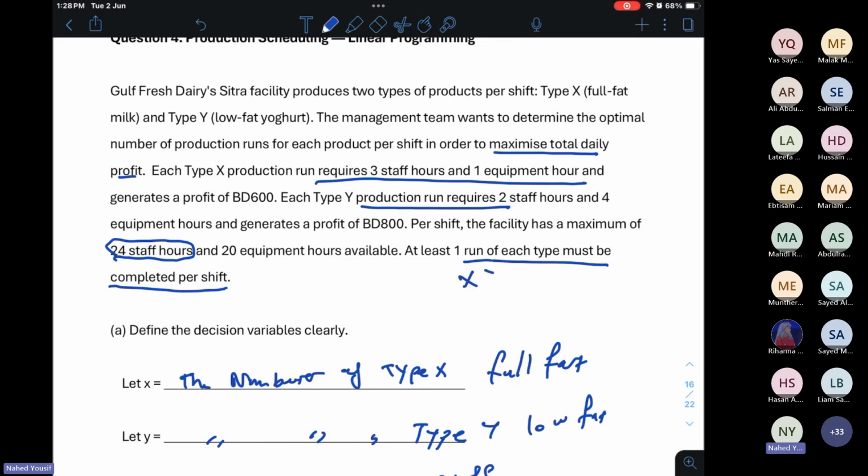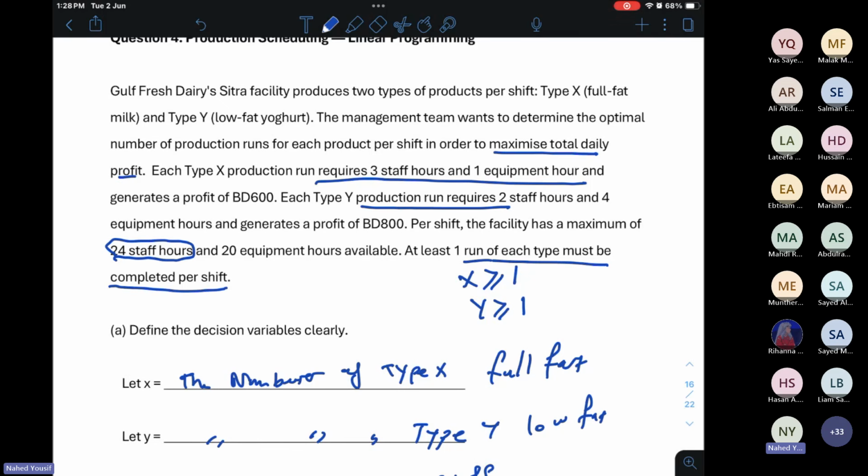That means x is greater than or equal to 1. We have to produce at least 1 batch of full fat, and also one of the other. Before we had greater than or equal to 0, and here we have greater than or equal to 1. So this is the difference from the example.